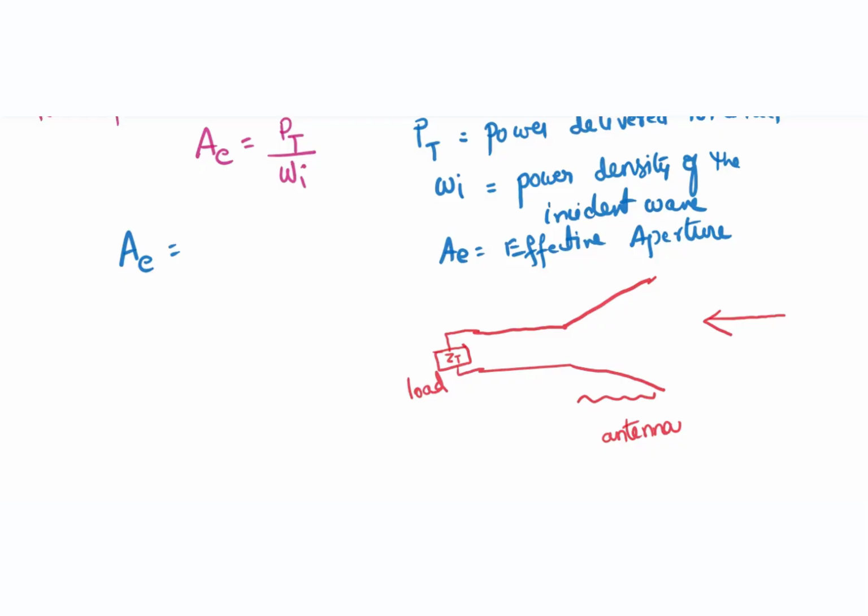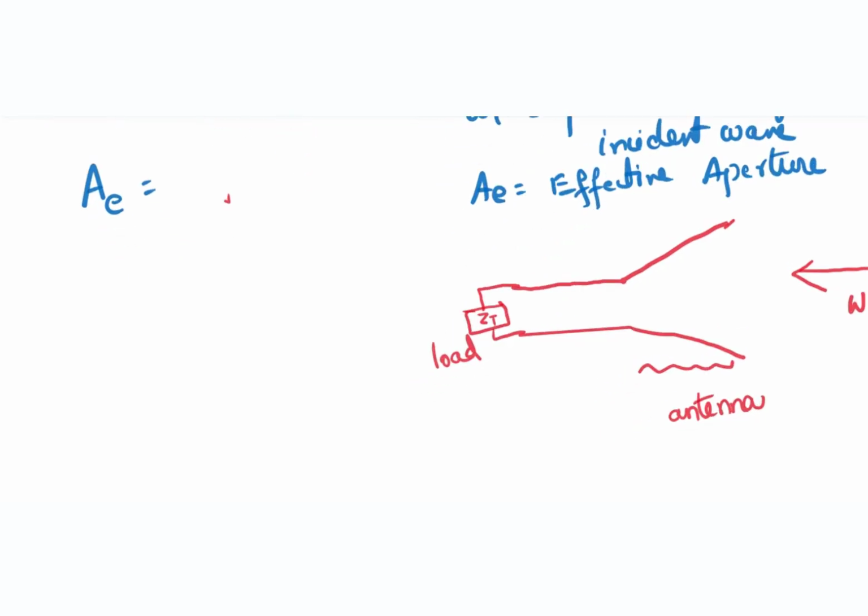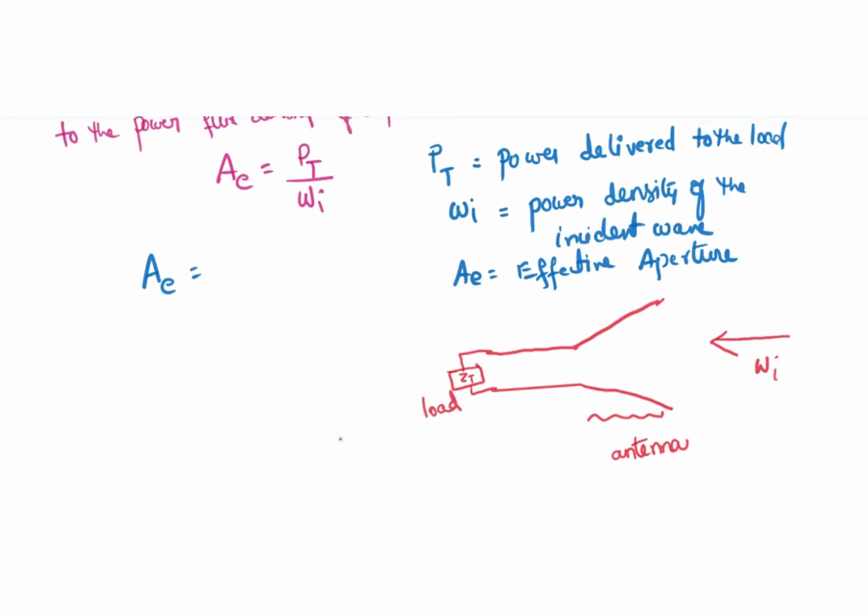The power density of the incident wave, or the Poynting vector of the incident wave, is WI. A is the effective aperture. We know all the powers are real powers, so you can write PT as half mod IT square into RT by WI.